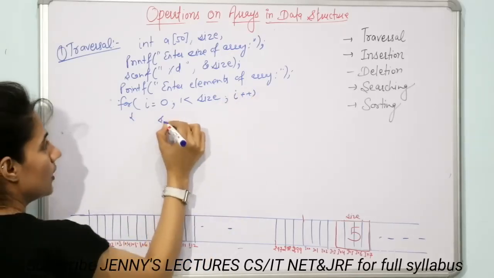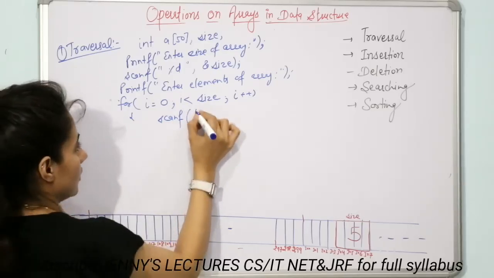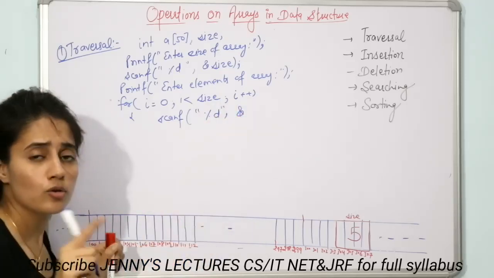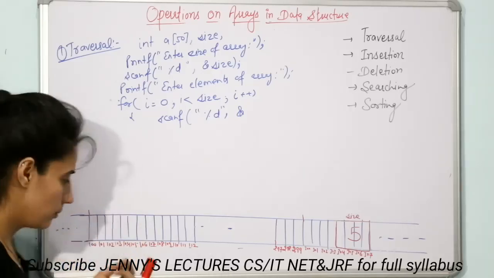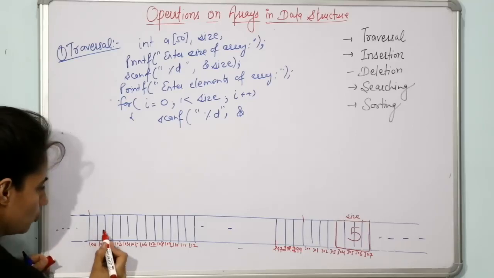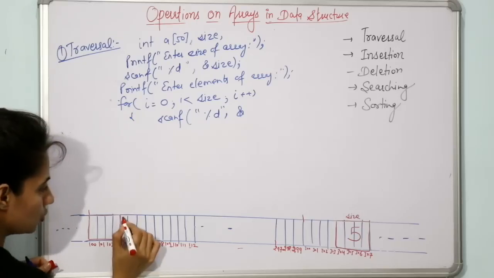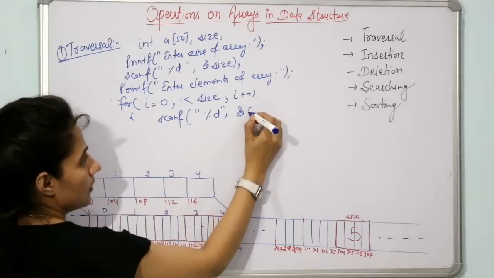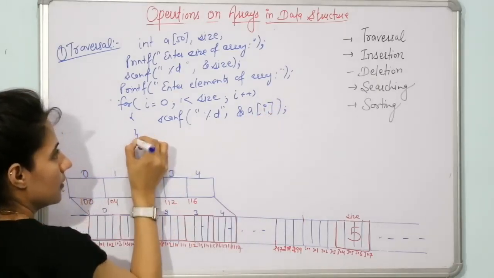In the for loop you will write scanf, because to take input from the user we use the scanf function. Here you will write the same %d format specifier, and the address where you are going to store the values. The first value would be stored at the 0th location, in these 4 bytes. The next would be stored in the next 4 bytes. So now you will write address of a of i.